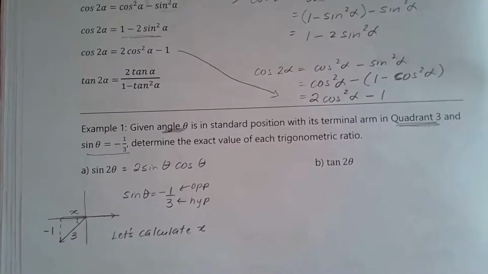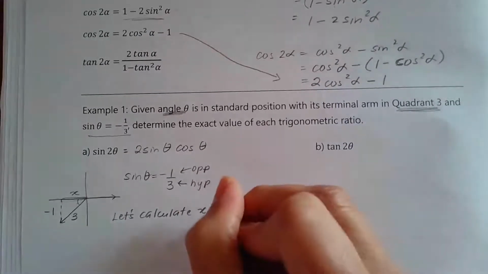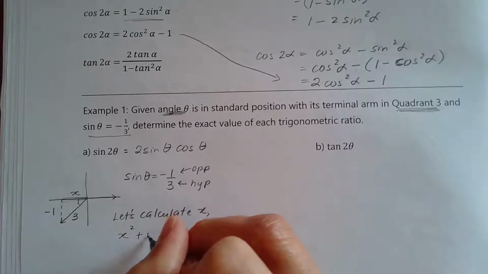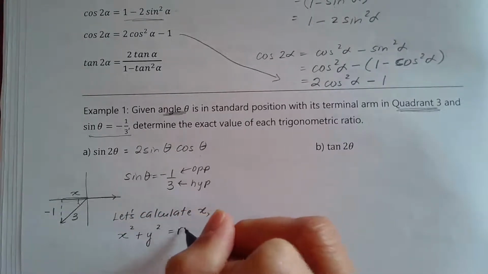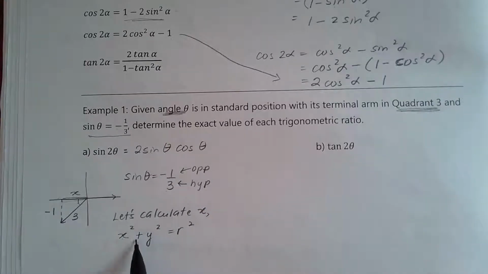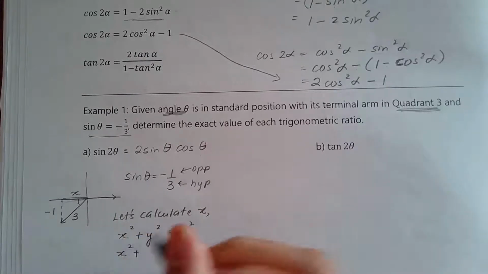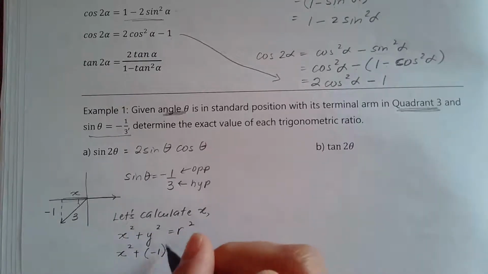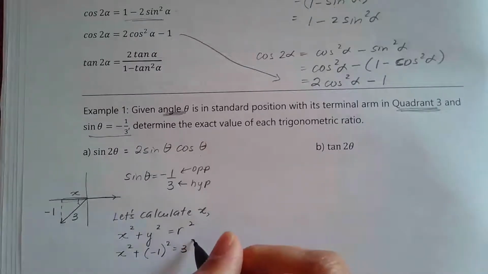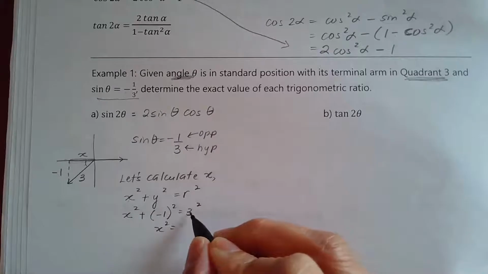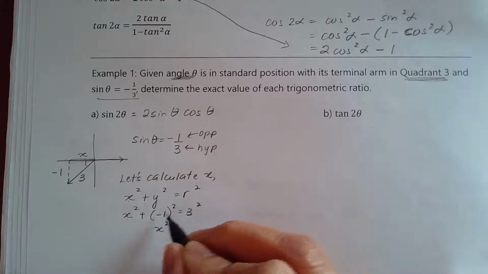Okay, so to do that, let's calculate the x using the Pythagorean theorem. So x squared plus y squared equals r squared. x squared we don't know. So x squared plus negative 1 squared equals 3 squared. Therefore x squared is equal to 3 squared, which is 9, minus 1 squared.